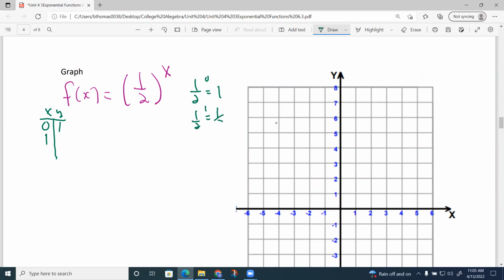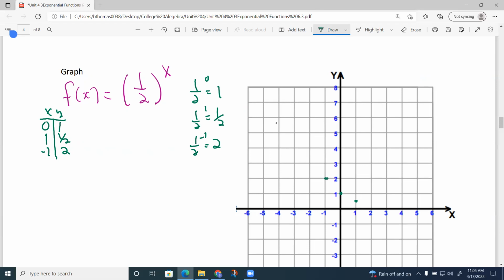So the base does not change. That 1/2 stays the same. So 1, 1/2. But if I put a negative 1 in, notice that 1/2 to the negative 1 means to flip it, which becomes 2 over 1, or 2. So that would be our 3 critical points. Now we have 0, 1 again, 1, 1/2, and negative 1, 2 as the 3 critical points.